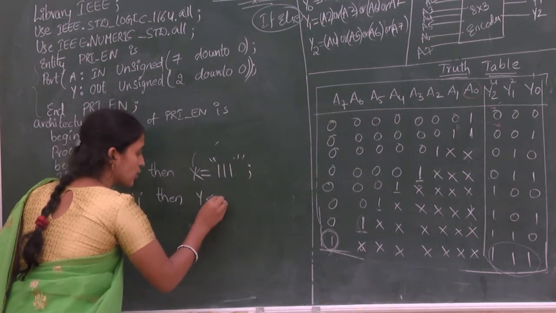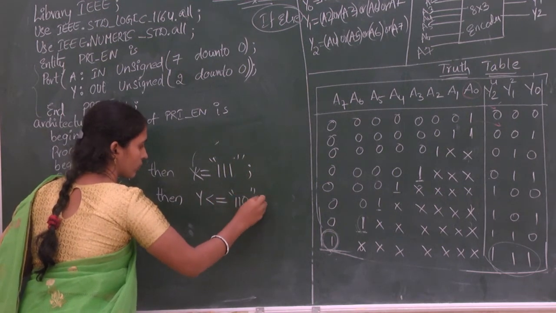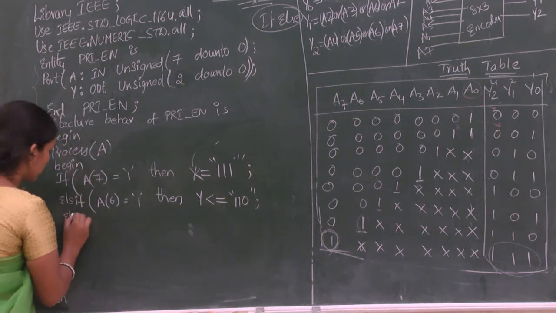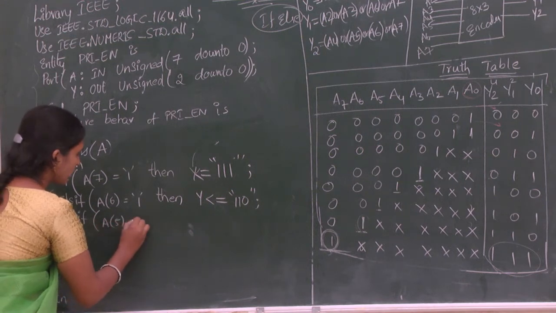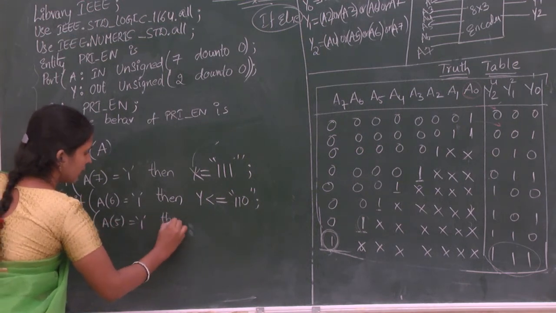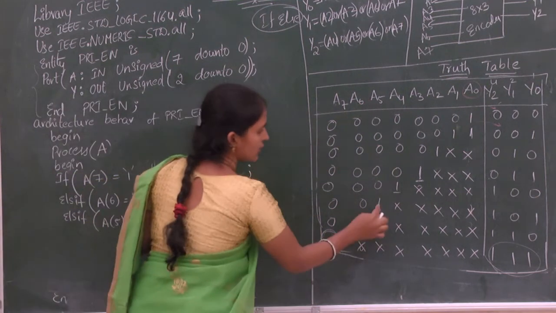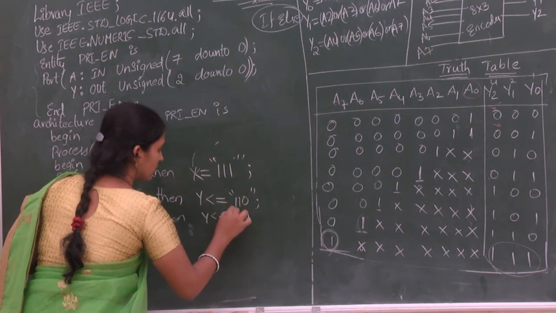This is your assignment operation. Similarly, you will write for everything. Else if A5 is equivalent to 1, then Y is equivalent to 1, 0, 1.